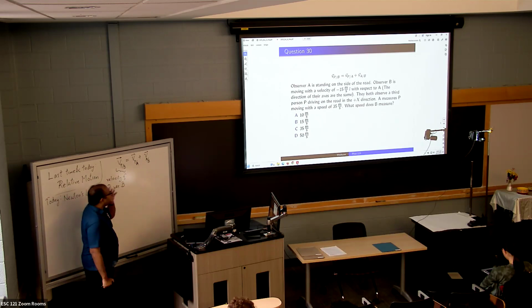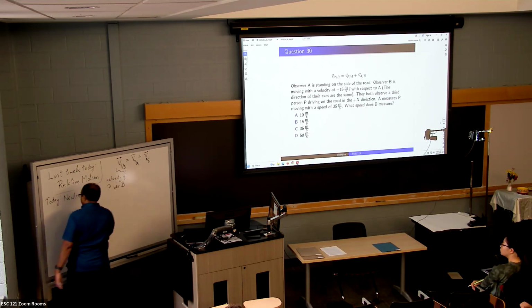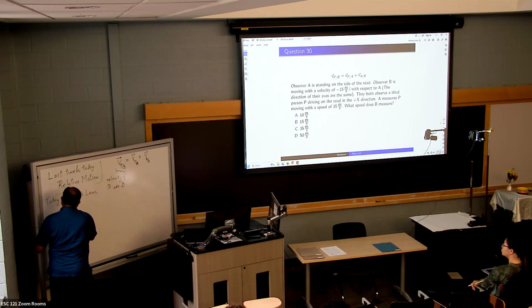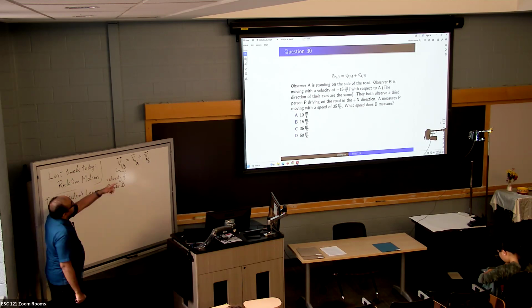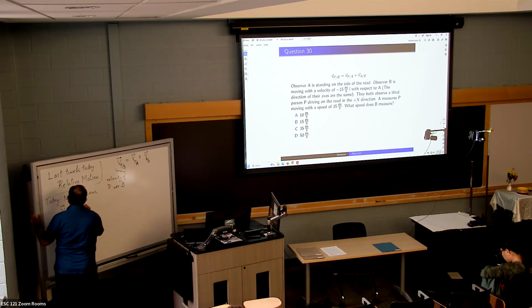All right, let me try and apply it to this problem. What information do I have? I have the velocity of B with respect to A. It says observer B is moving with a velocity of -15 meters per second I hat.